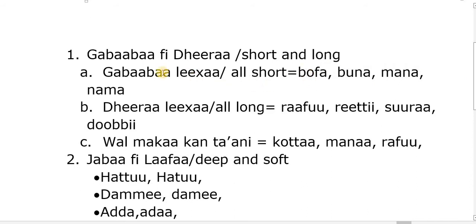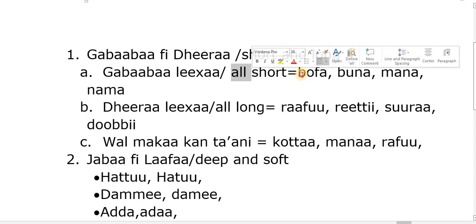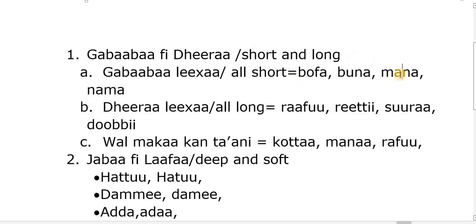So we say all short, like gababa. Why all short? Because every sound in this word is short. We didn't have any long sounds. It's also the same when we have all long words. Rafu, both are long. Reti, both are long. Sura, both are long.